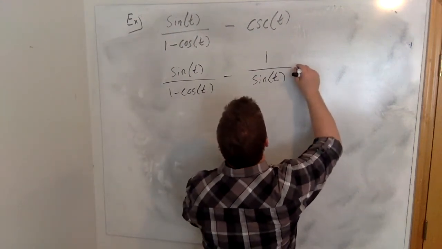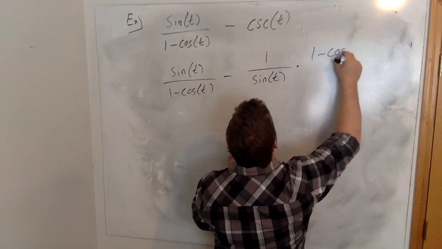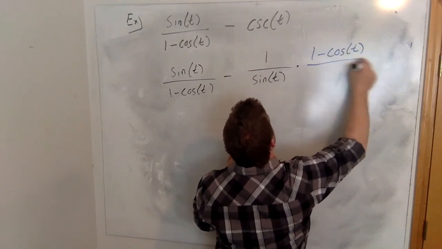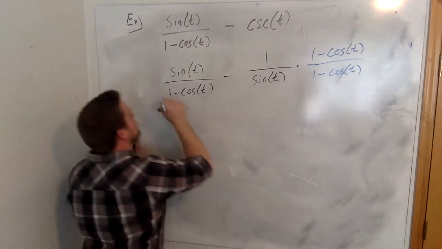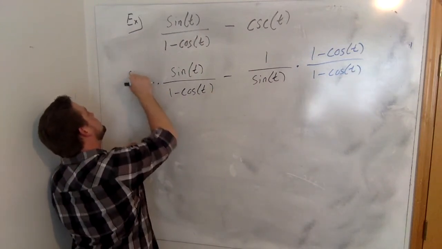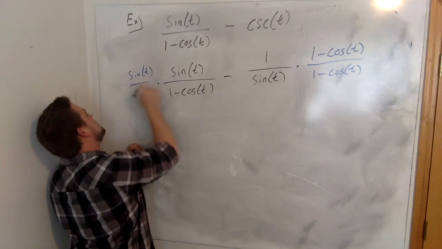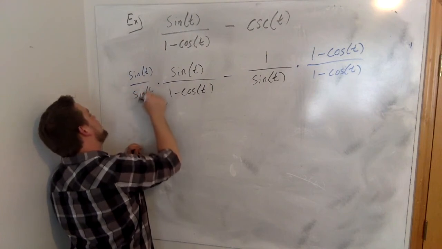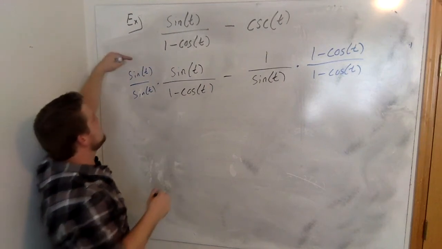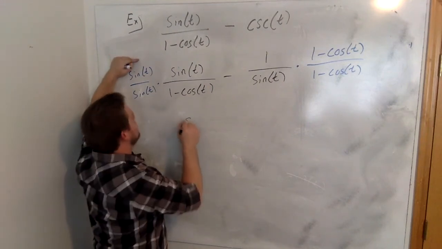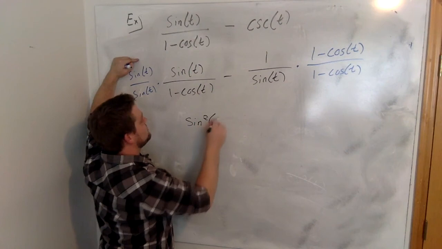Let's hit this one with 1 minus cosine of t all over 1 minus cosine of t. And over here, how about we hit this one with a sine of t all over a sine of t, so we can add these fractions. Okay, what are we going to get here? In the numerator, we're going to get a sine squared of t.